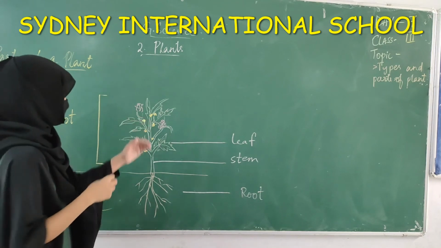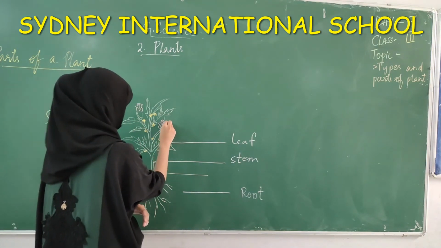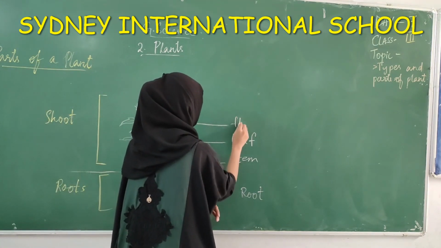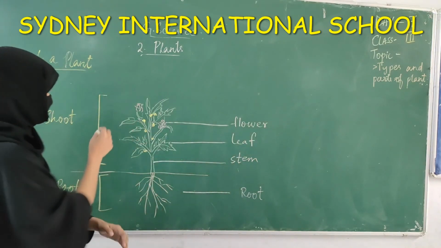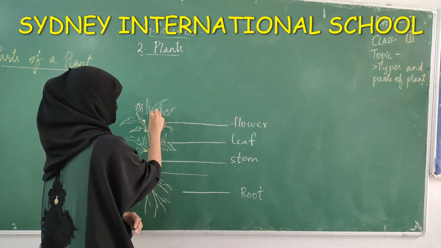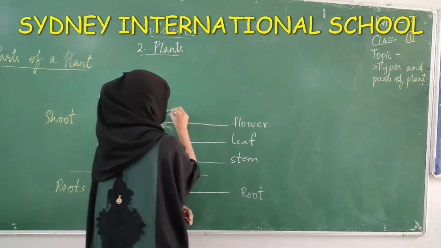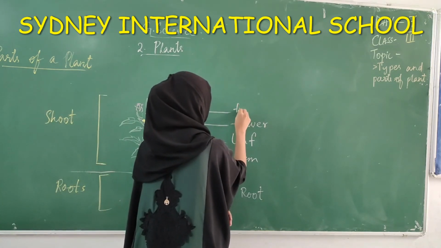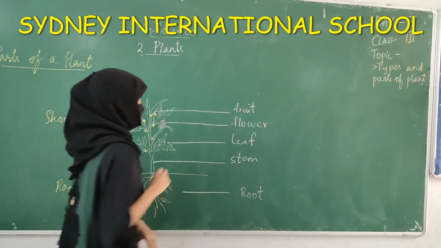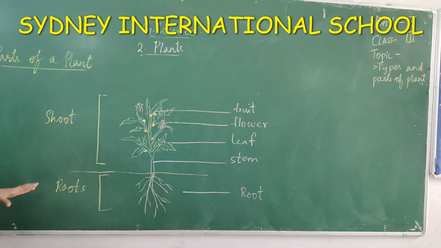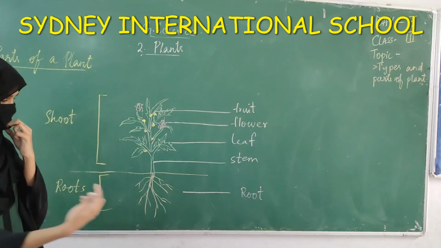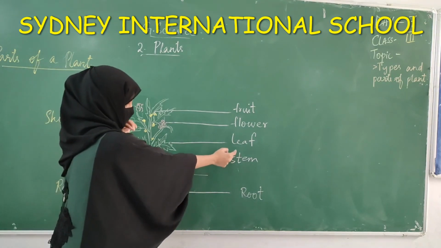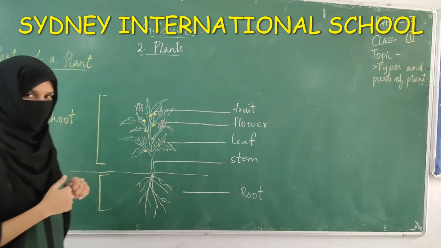Next, moving further, another important part, we have a flower. Then again moving further, very important, all the parts are important only, we have a fruit. These are the main parts. Root, you already learned this in previous classes. Root, stem, leaf, flower, fruit.